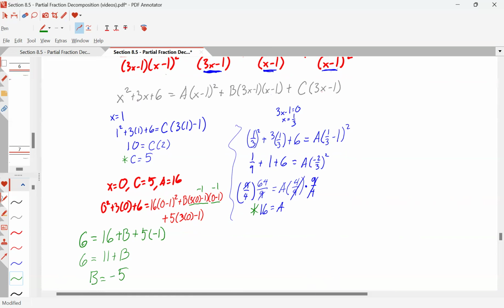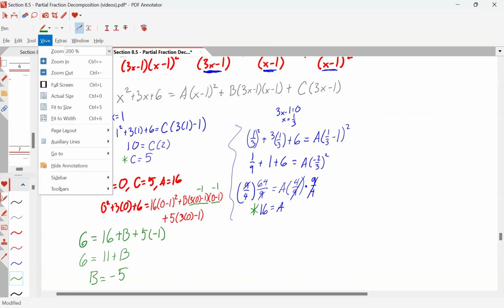So we can combine the strategies a little bit. Maybe I can use the nice strategy to find many of my values, and then once I have a couple values, I can additionally start plugging other things in to help find anything remaining.